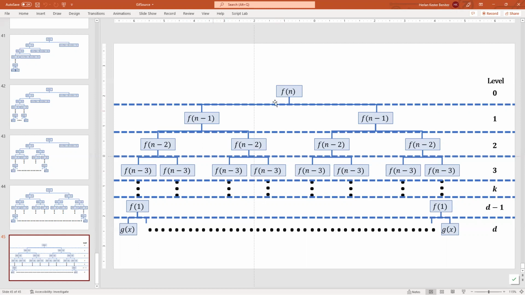Since we made a recursion tree, we can see all the functions that are called to solve f of n. In this way, we can take the total of all of these. To be a bit systematic, let's take it per level. You see here at level 0, it's just f of n. And then at the next level, we have f of n minus 1, two of them. Then here, four of f of n minus 2.